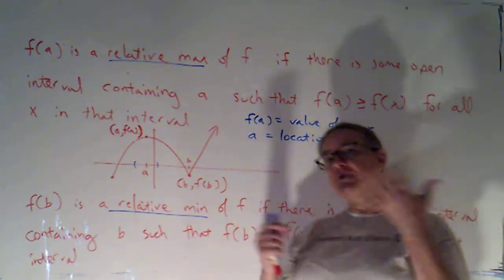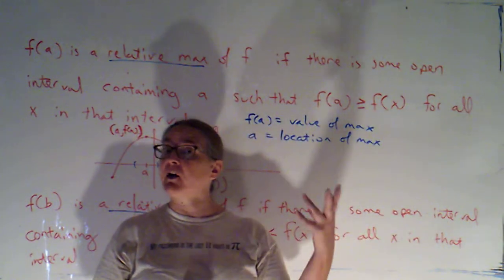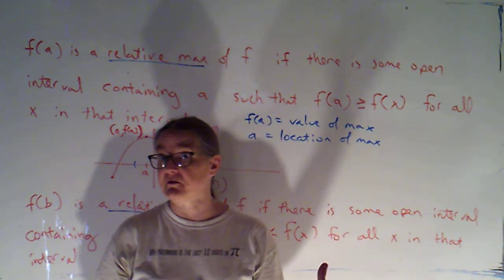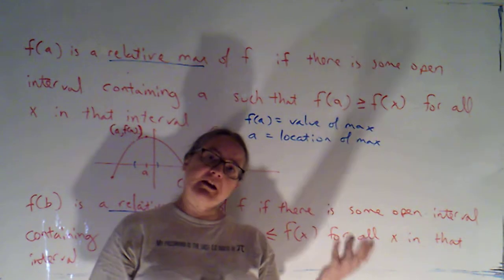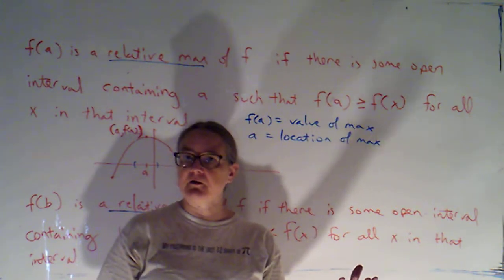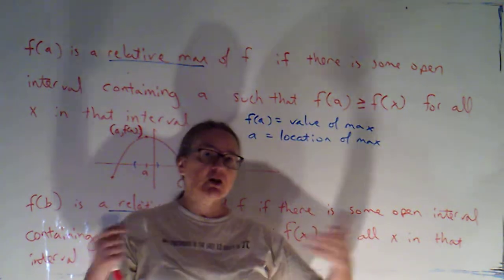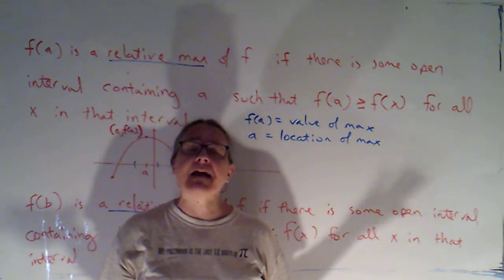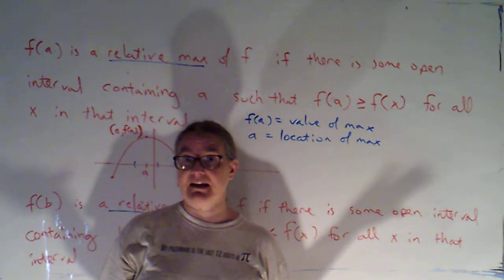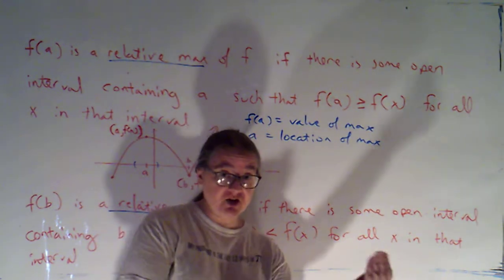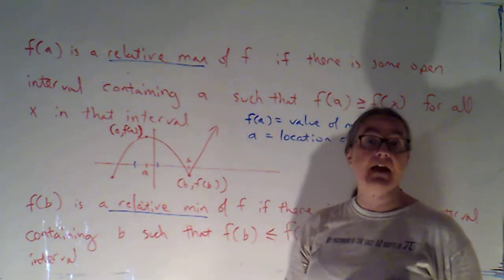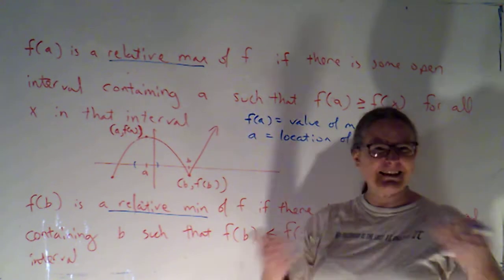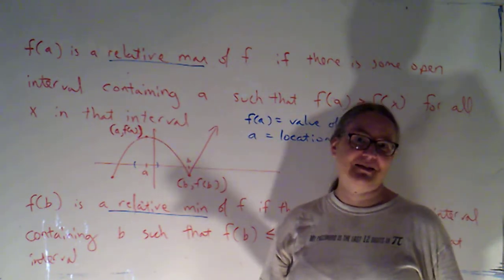And then maybe your profit was a function of x, where x was the number of products you produced. And you determined that in order to get that profit of $5 million, you need to manufacture 20 billion products. Well, you have one factory. You don't have the capacity to manufacture that many. There, the location, the x value that would give you that maximum, tells you this isn't possible under current circumstances.